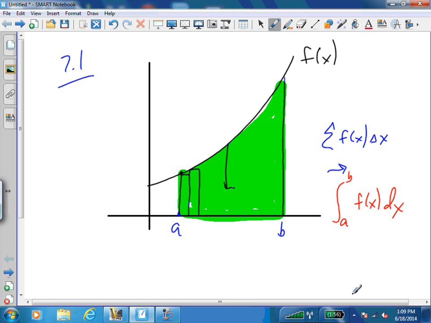And the way we evaluate that definite integral is we get the antiderivative, we substitute in the right endpoint, we substitute in the left endpoint, and we take the difference.